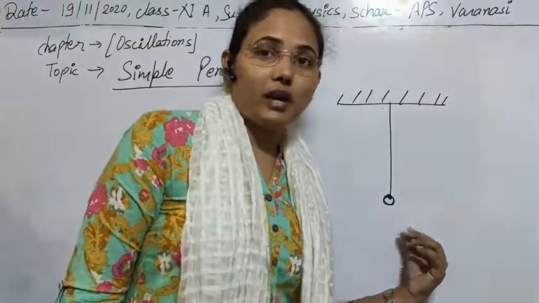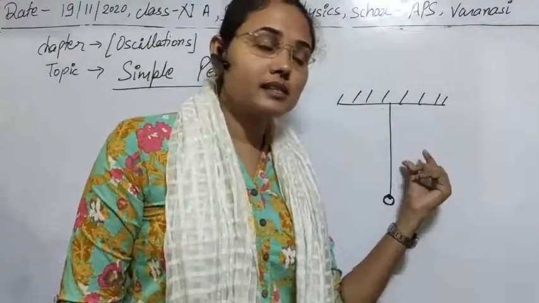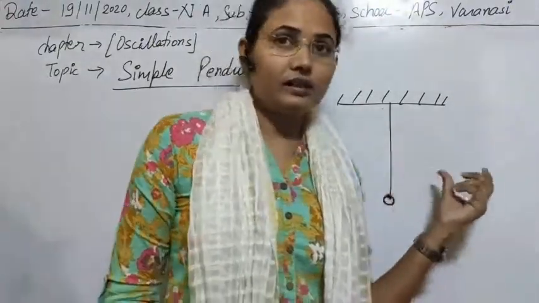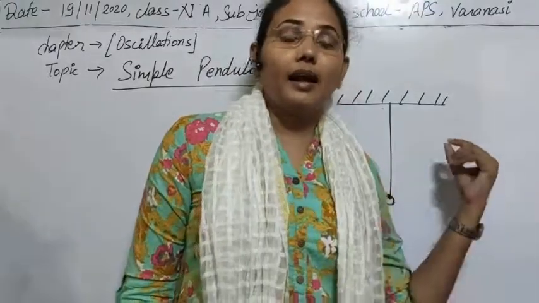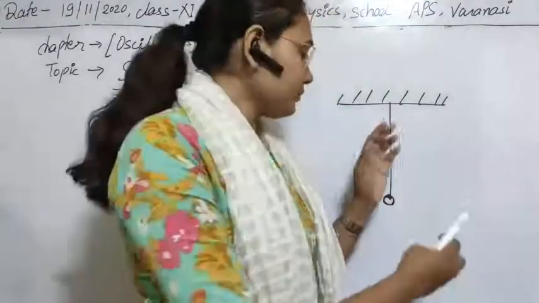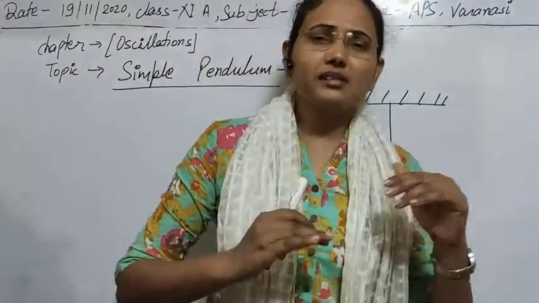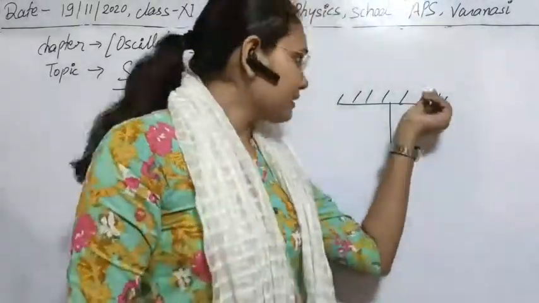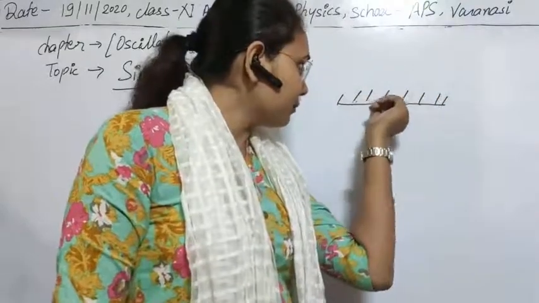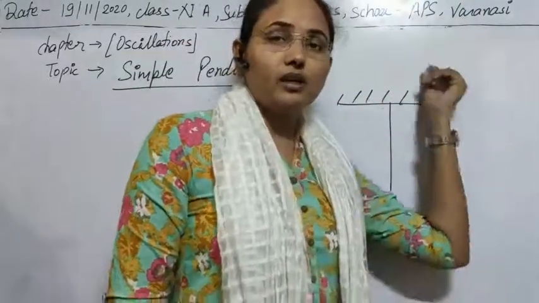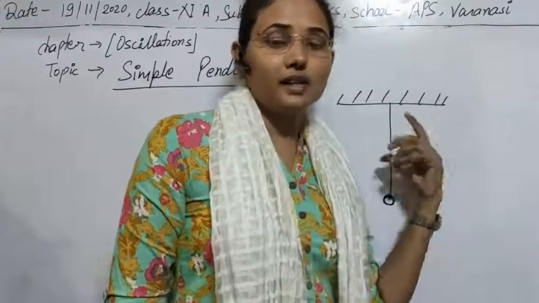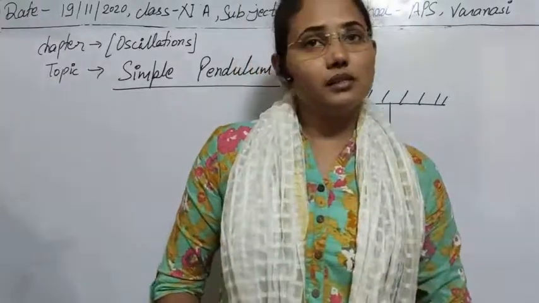A heavy point mass that is attached to a weightless, inextensible string, which is supported by a rigid support here. That type of system is known as a simple pendulum.